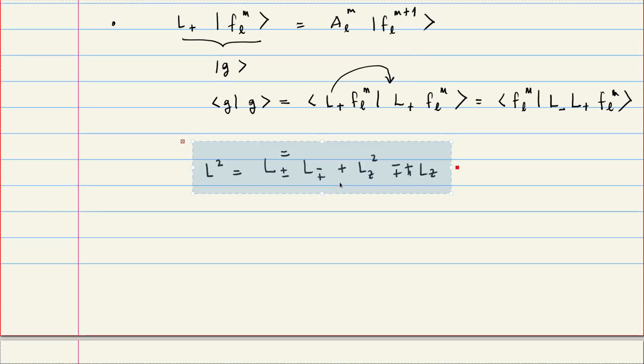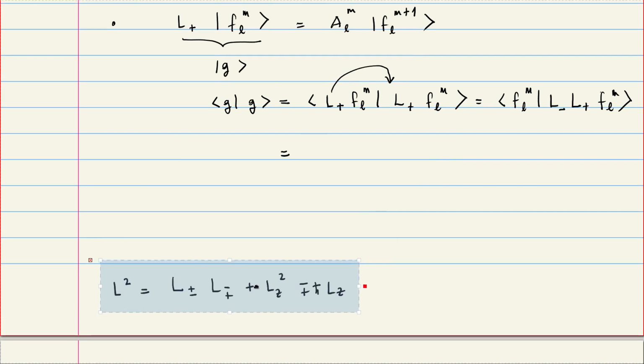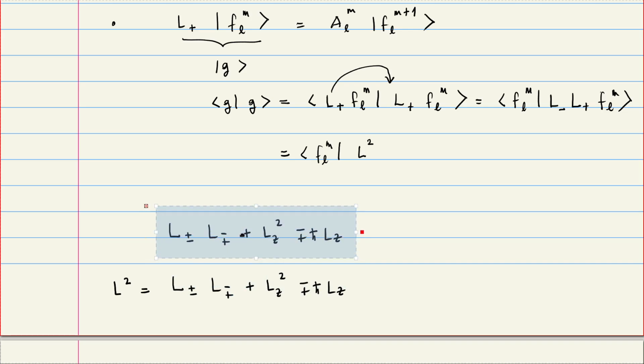So let me copy here. So this is L minus L plus. That means I have F L M, and L minus L plus is going to be L squared, right? Let's write it. So this is L minus L plus L minus.